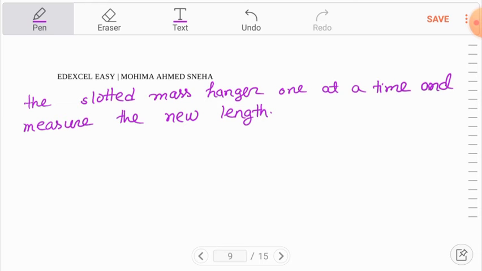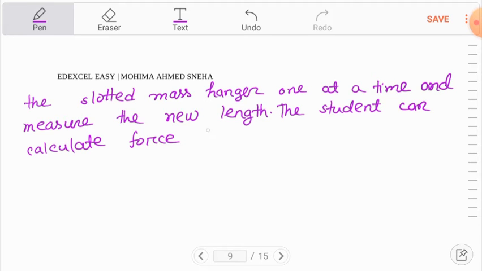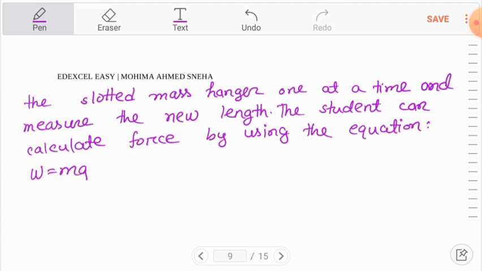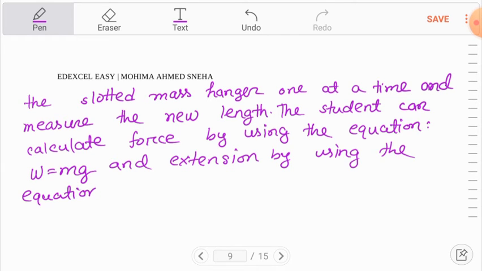The student can calculate force by using an equation W equals mg, and extension by using the equation new length minus initial length.